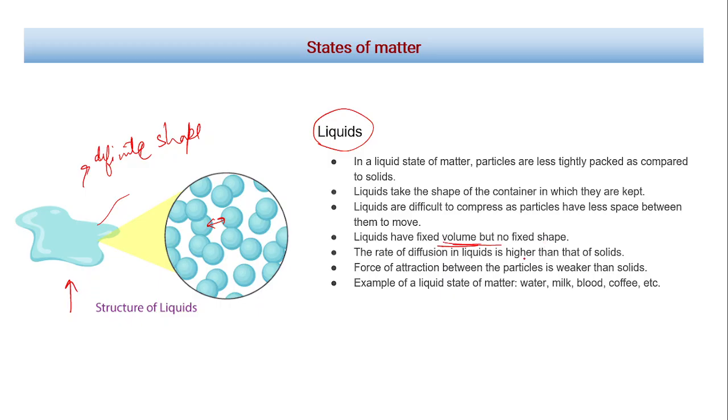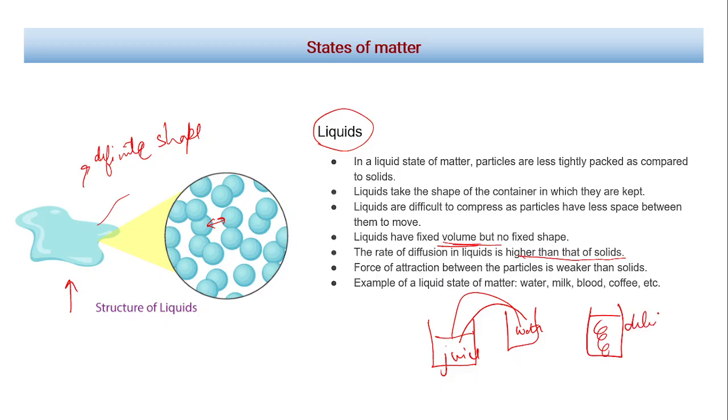We should be careful with these terms as well. The rate of diffusion is higher than that of solids. We can see this if I have a glass of juice and a glass of water. If I pour the water into the juice, or the juice into the water, it doesn't matter, they will mix together, and then I'll have a larger amount of diluted juice, right? So the rate of diffusion is much higher than solids.